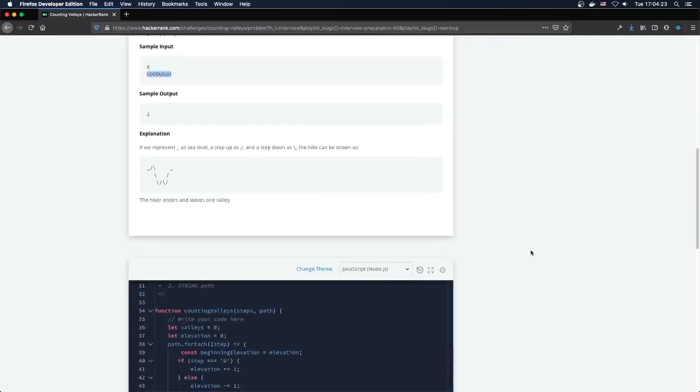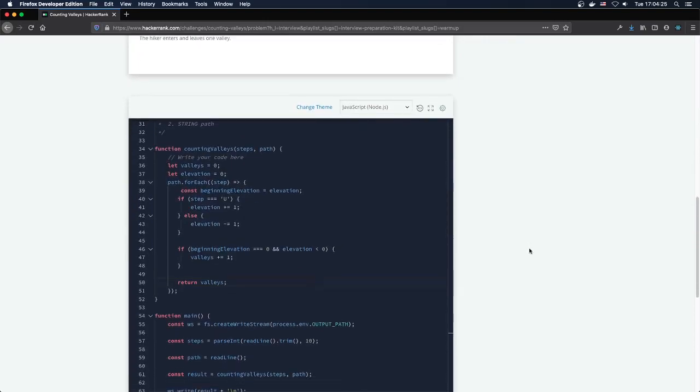Okay, well, I can work around this. There should be a way to take a string and turn it into an array. Or I can just do a for loop.